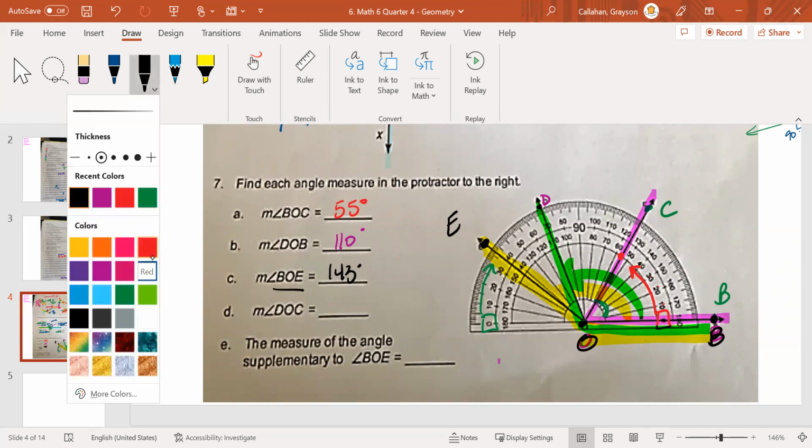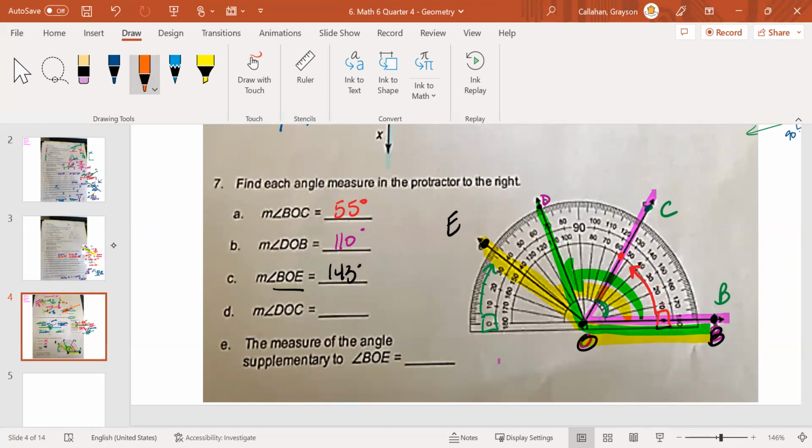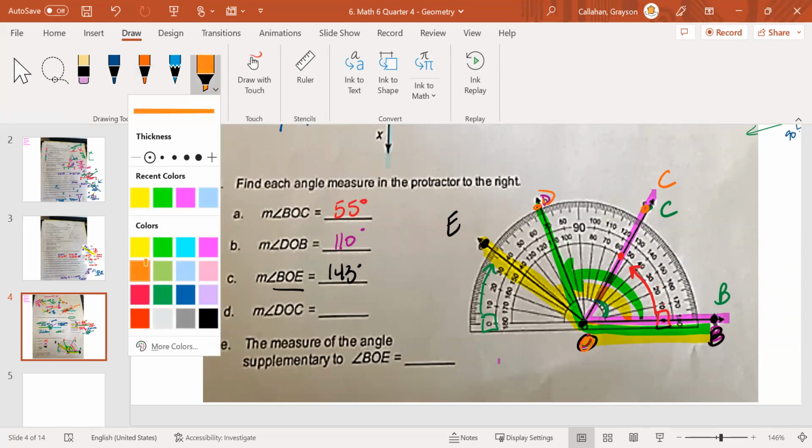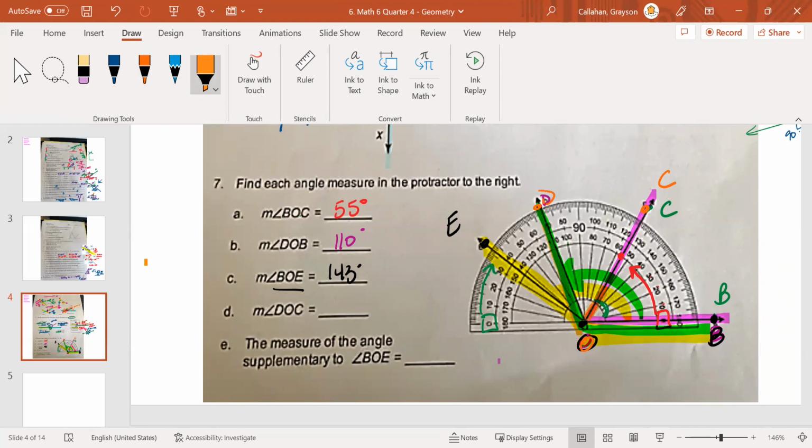Next one is DOC. So here is D, O, and C. Now this one is going to be a little bit trickier because you will have to start from here to here. Okay, and if I start from here to here, going in this direction, it starts at, I think, 55, and it goes this way to 110.